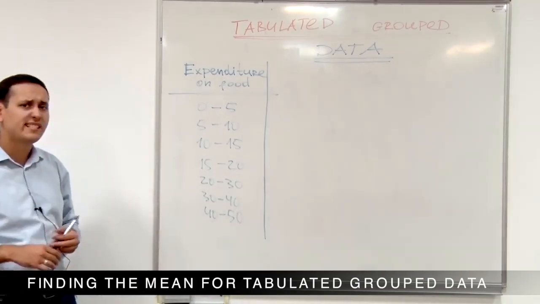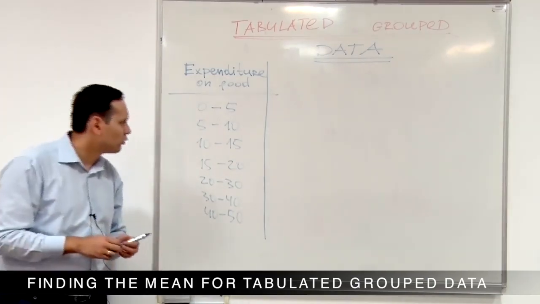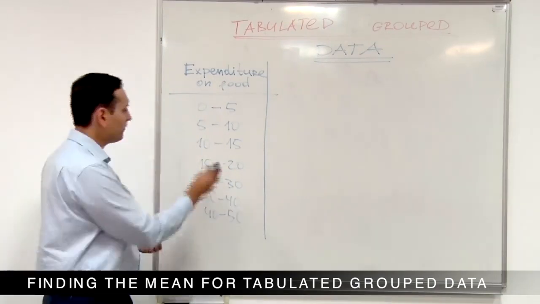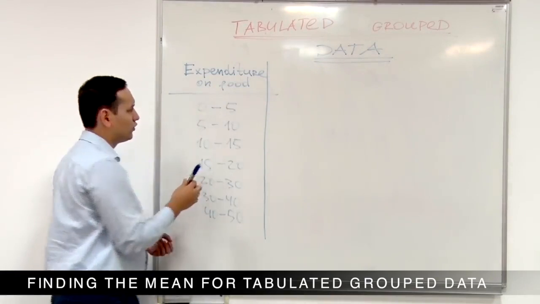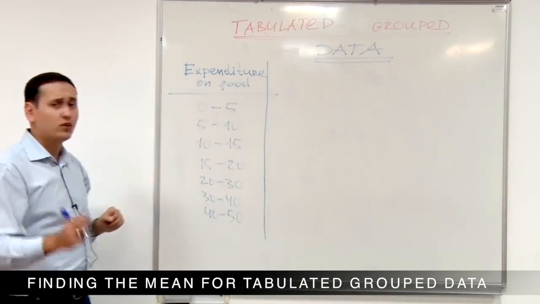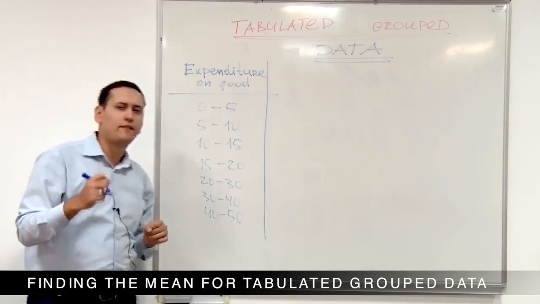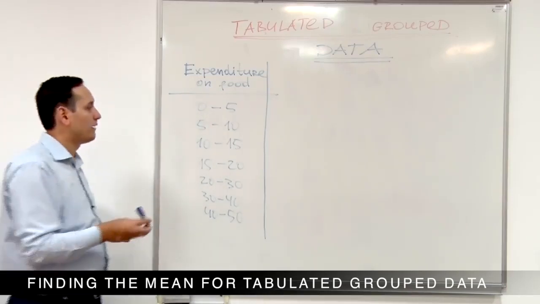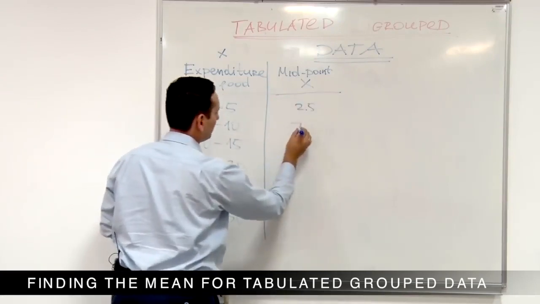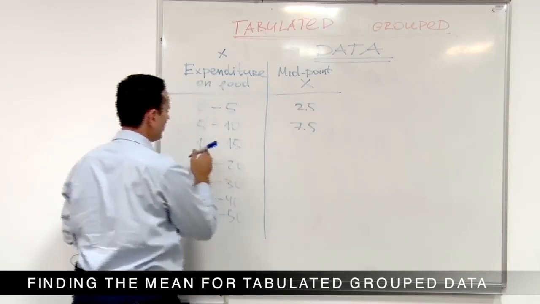When we work with this grouped data, we should find the midpoint of each group. We find the midpoint of this group by finding the average between 0 and 5. So the average of 0 and 5 is 2.5. So this is 2.5, 7.5.